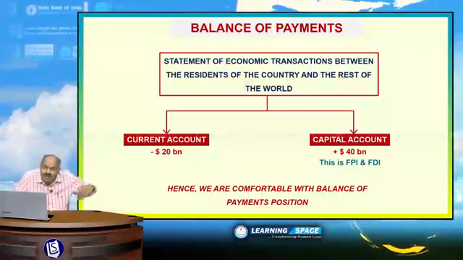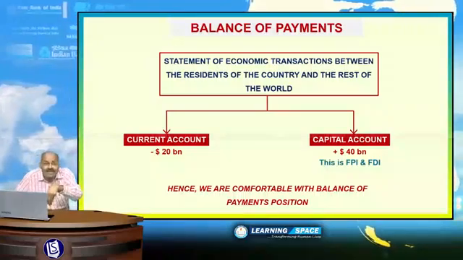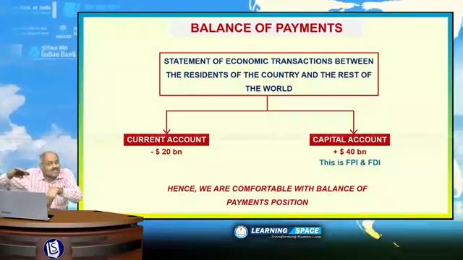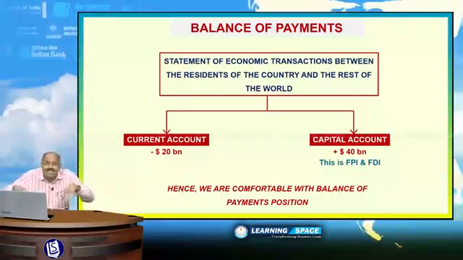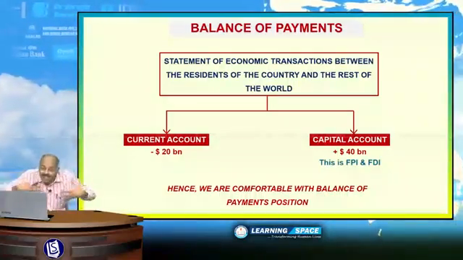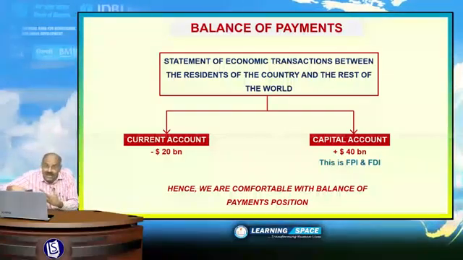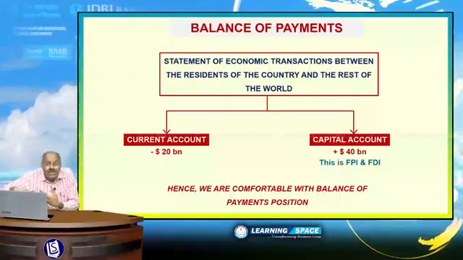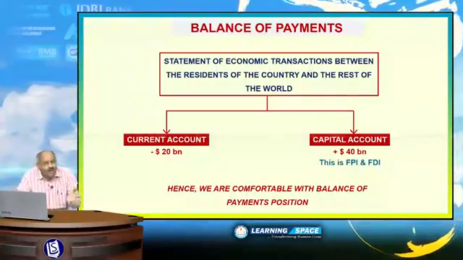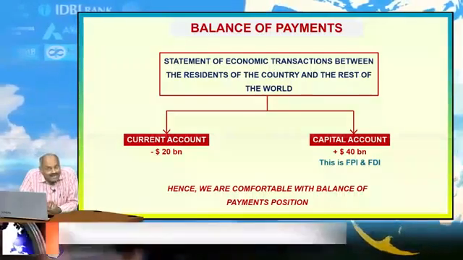At present, we have around $350 billion of foreign exchange reserves, and they have been increasing for the past 2-3 years. One of the reasons is that in balance of payments, our position is quite comfortable because of excessive inflows through FDI and sometimes through FPI. This is all about trade deficit, current account deficit and balance of payments.